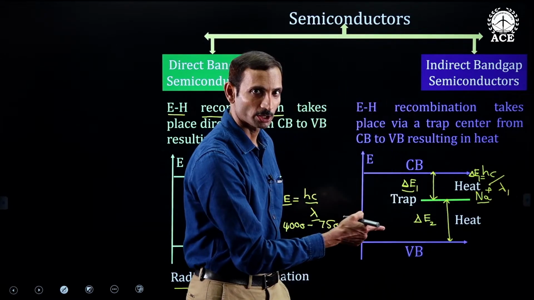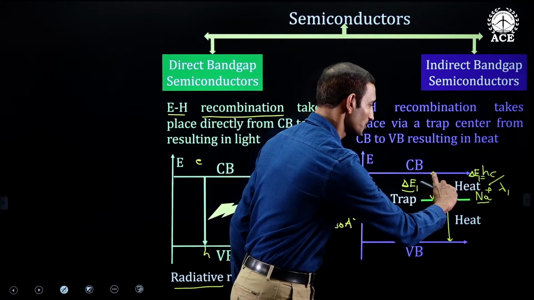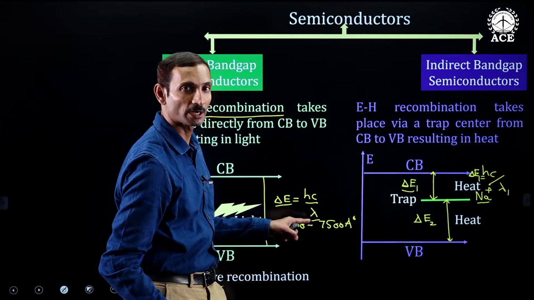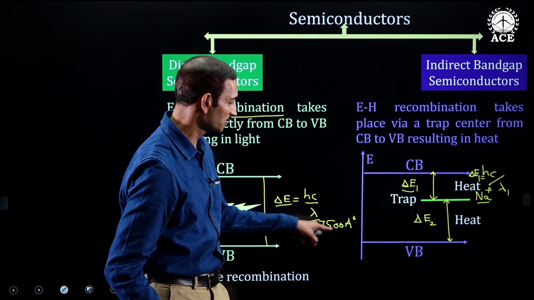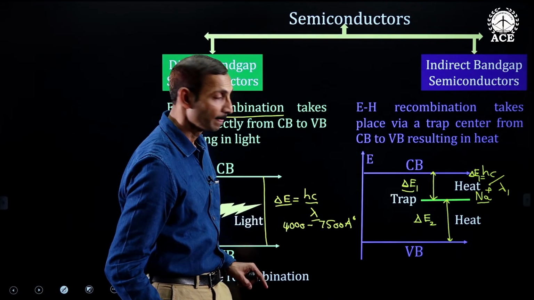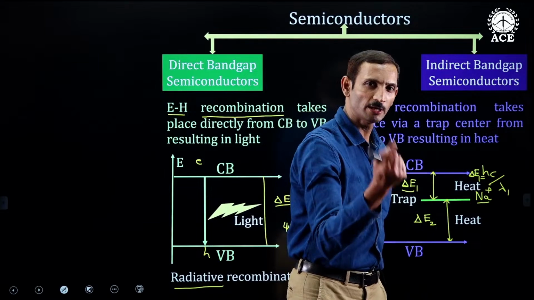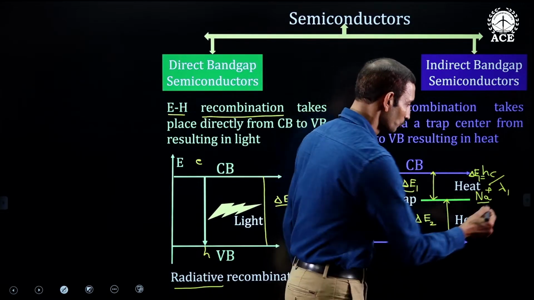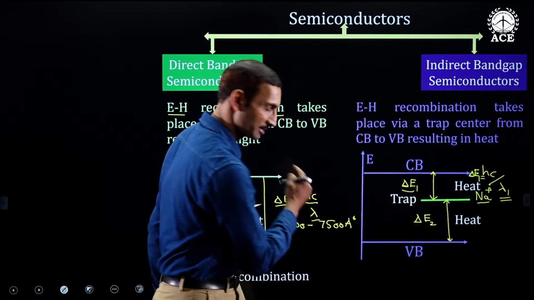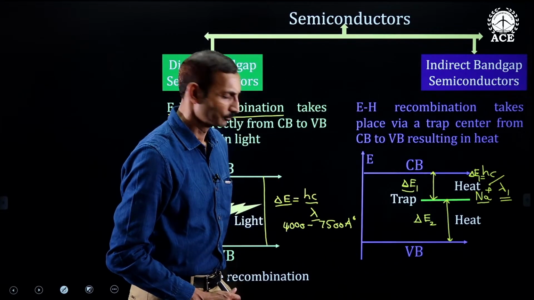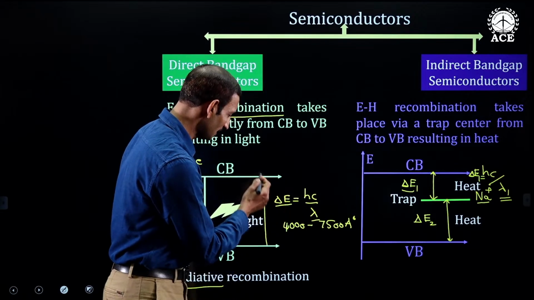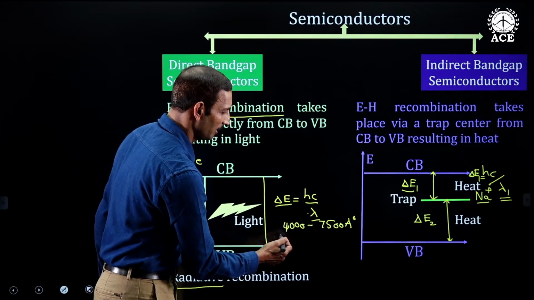Lambda 1 would be larger because delta E1 is smaller compared to that of this one. Suppose this transition gives out light which would fall in this range for lambda. This transition should definitely give out a particular radiation whose lambda would be greater than this. Understood?